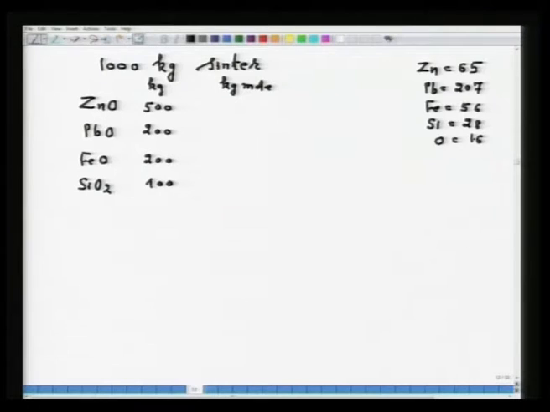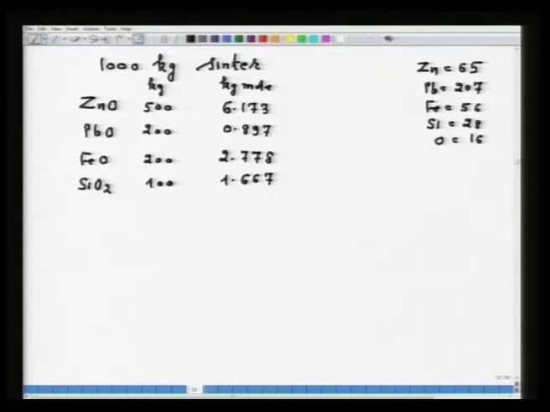So, I just divide kilogram by their molecular weight, and I get kg mole: 6.173, 0.897, 2.778 and 1.667.